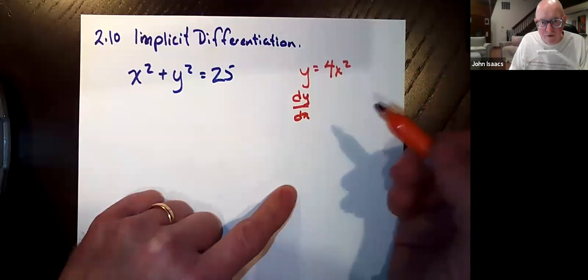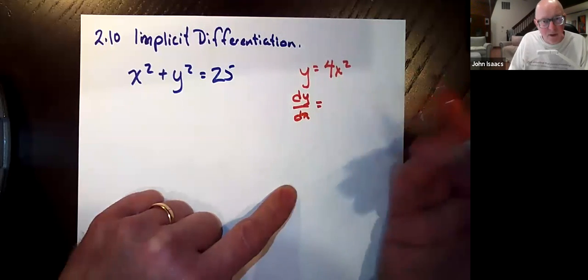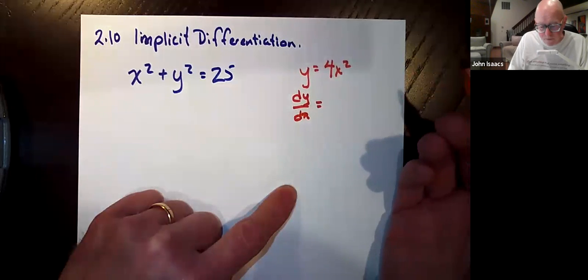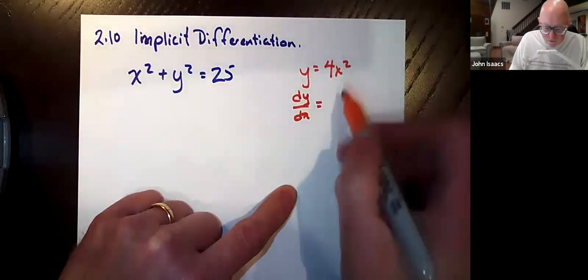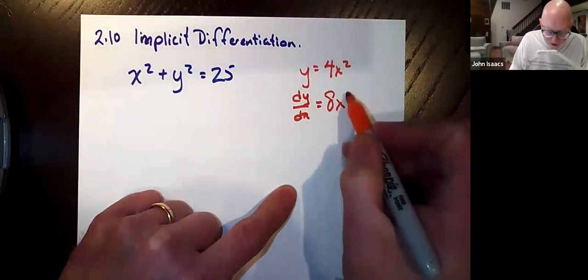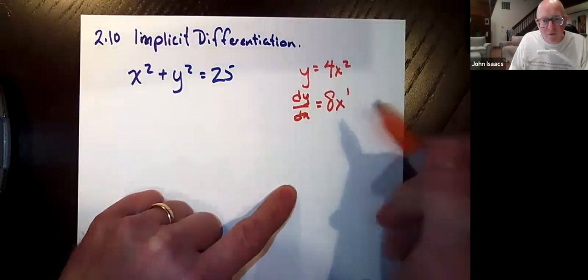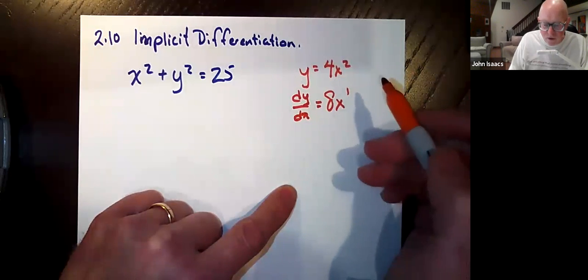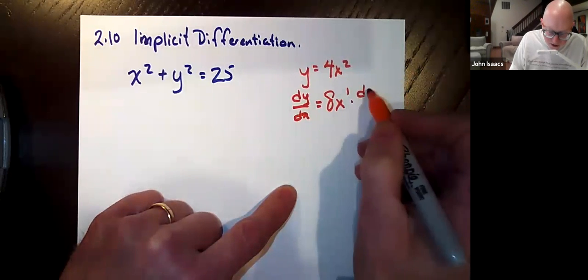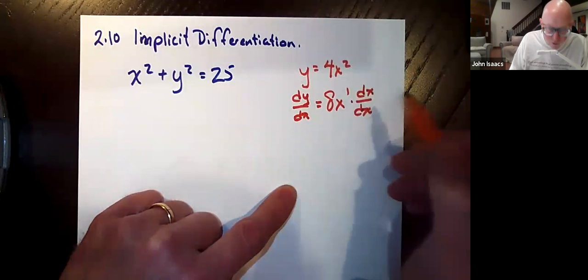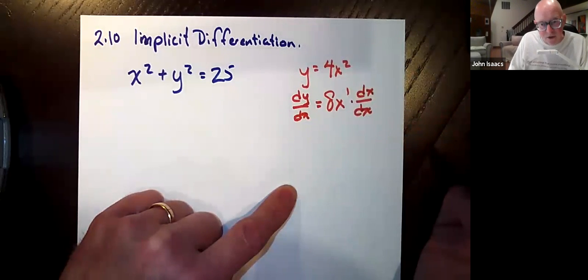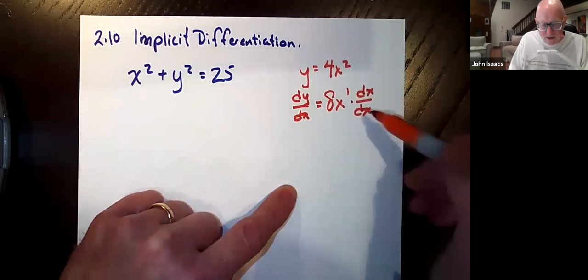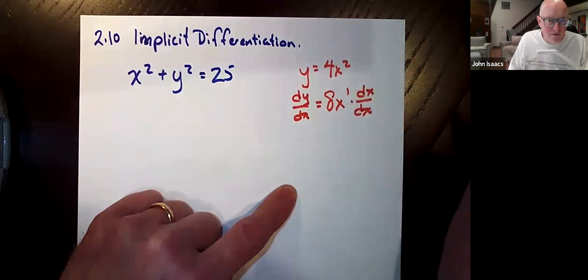We're taking derivatives in terms of x, and then we do the power rule, right? So we wind up with 8x to the first. And then we're supposed to take the derivative of the inside, except this is x. So the derivative of x is actually dx because we're taking derivatives in terms of x here in this case. And dx is clearly 1. In fact, the derivative of x by itself is 1.